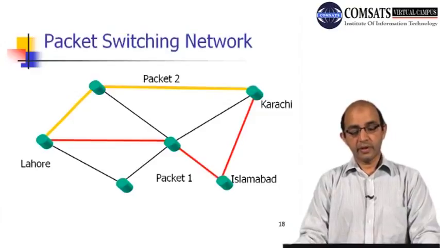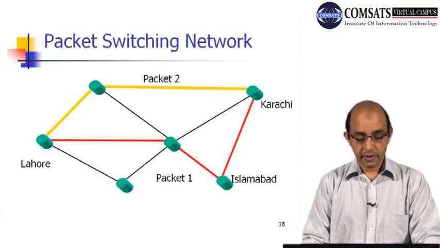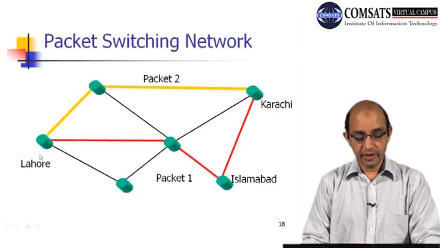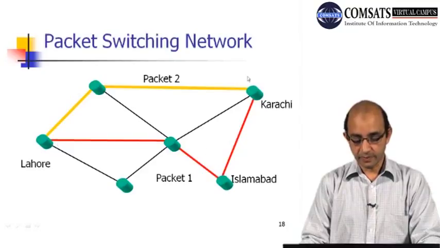So here we have packet switching, right? You can see the packets are following different paths. Here you can see one of the packets is traversing from Lahore to Karachi via this path, and then we have another packet that has to be sent to the same destination, Karachi, but it is adopting a different path.